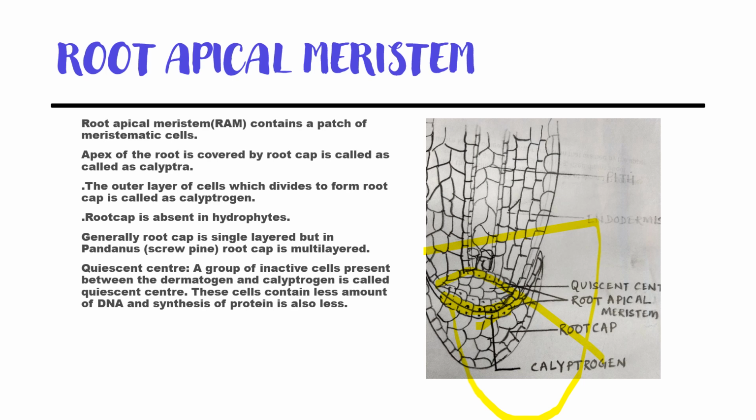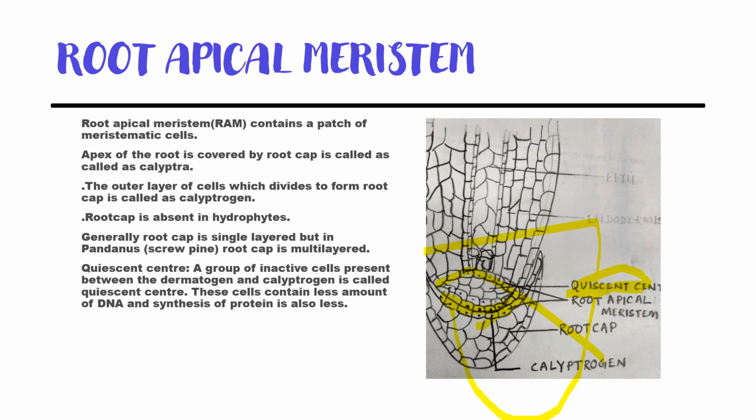In between this dermatogen and calyptrogen, there are some cells which are not dividing. They contain less DNA, less protein. They are like reserve cells, and that is called the quiescent center. Very, very important. Generally, the root is always an exposed part, and it is subject to wear and tear.